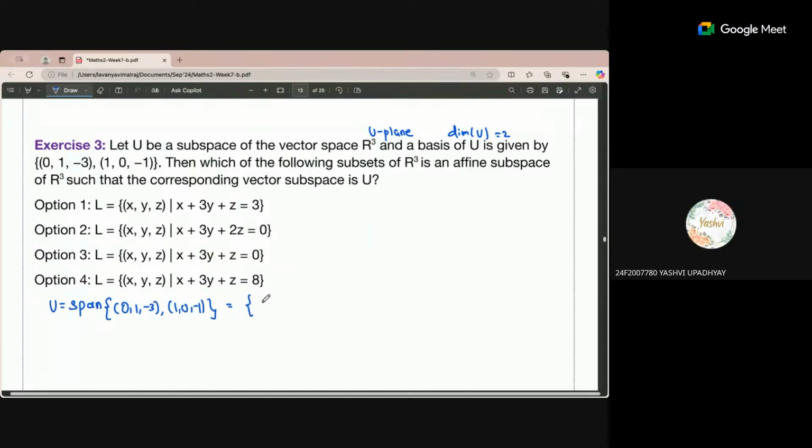It is a linear combination: alpha times this vector plus beta times this vector, with alpha and beta in R. Now we can rewrite this as beta, then alpha, and then minus 3 alpha minus beta, with alpha, beta in R.